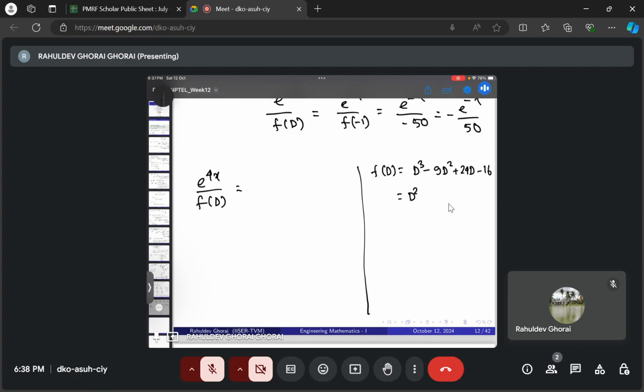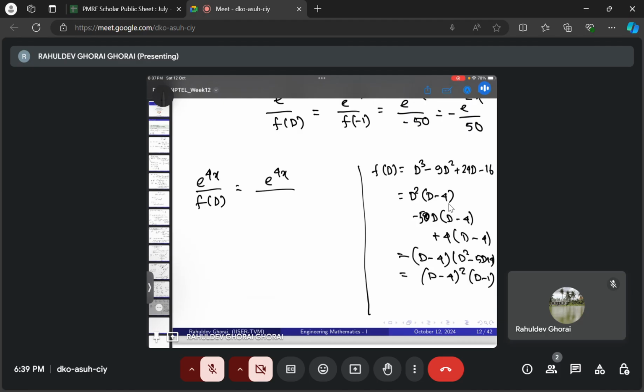So you can factorize like (D - 4) times D squared, sorry, not 9D squared, 5D times (D - 4) plus 4 times (D - 4). That will give you (D - 4) times (D squared minus 5D plus 4). So it will be (D - 4) squared times (D - 1). So you have e^(4x) over (D - 1)(D - 4) squared.